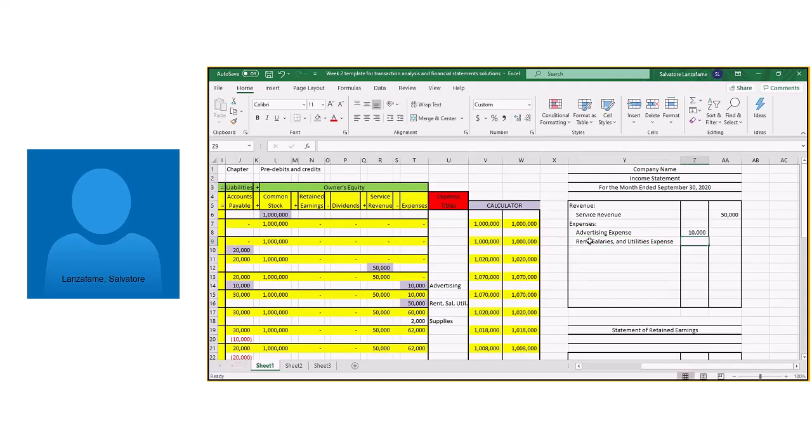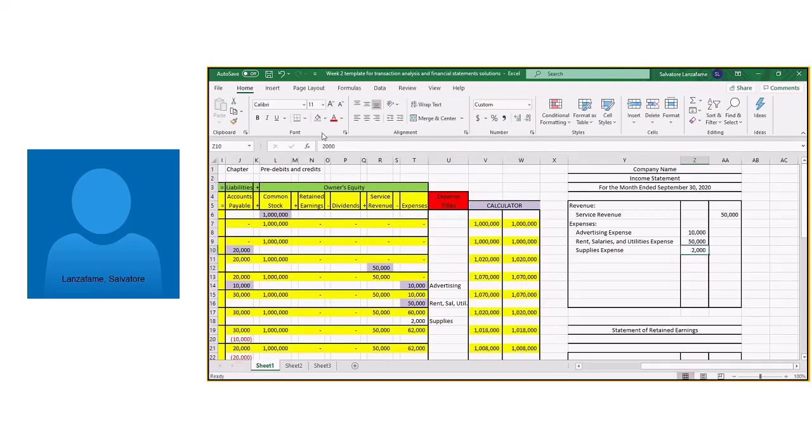Again, you would never see something like that in real life. They would have been separated out. And then we had supplies expense, and that was $2,000.